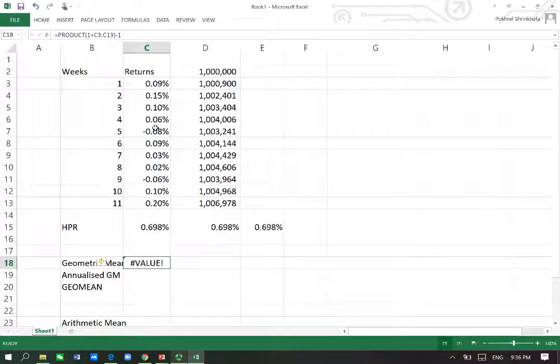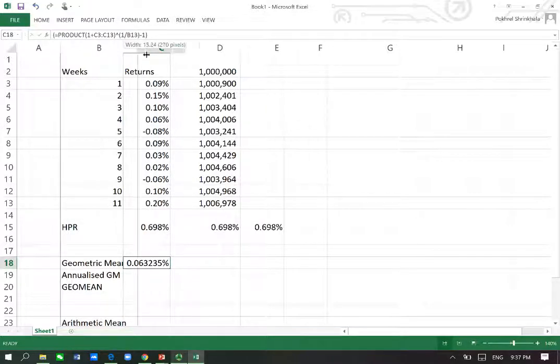So now here as well, instead of -1 now, to find out the geometric mean, 1 over n is 11, or you can take this value here, and -1. So Control Shift Enter now gives you the geometric mean.